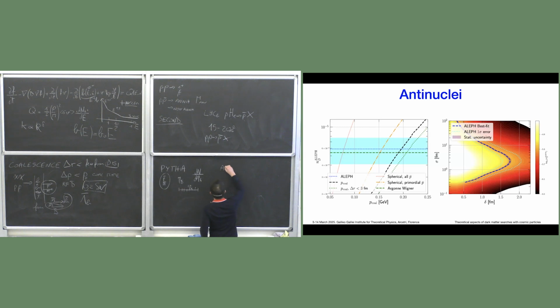We have ALEPH data at LEP that refers to anti-deuteron production after hadronic decays of the Z resonance. So you make e+ e- at 92 GeV, you select only hadronic decays, and you check whether you have made anti-deuteron. There is one single data point for this measurement that gives the multiplicity of anti-deuteron in this process.